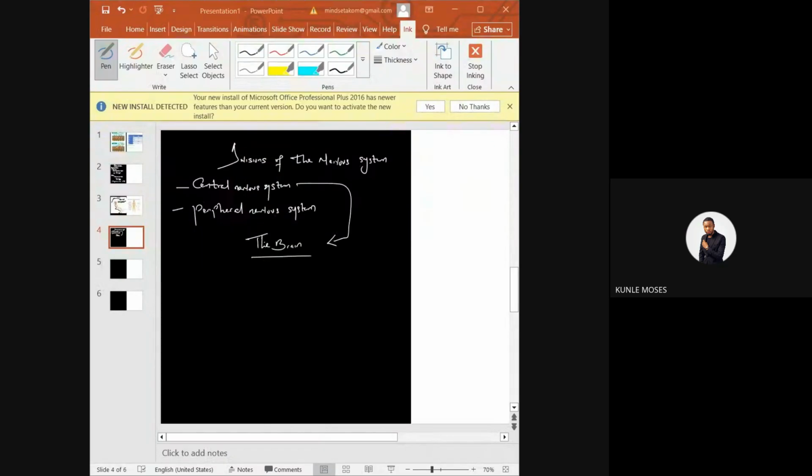What's the function of cerebellum? It controls involuntary action. It controls reflex action. Controls muscular activity.